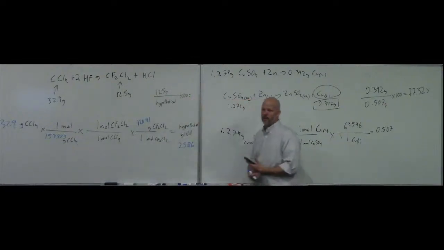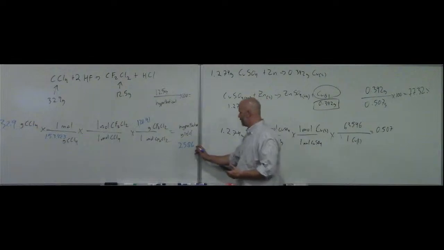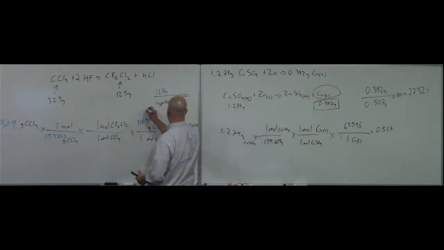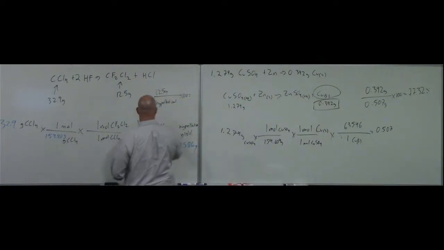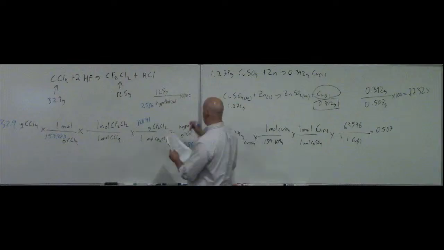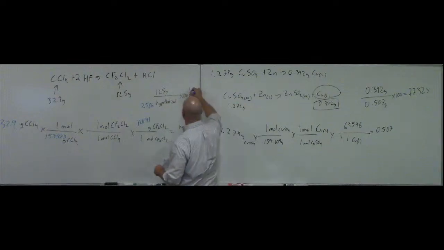That 25.86 grams is your hypothetical yield. So now I just come up here and write that in, 25.8. I've already done this math, so I can proudly say that the answer is 48.3%.